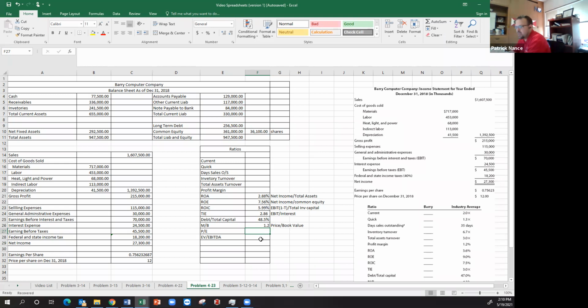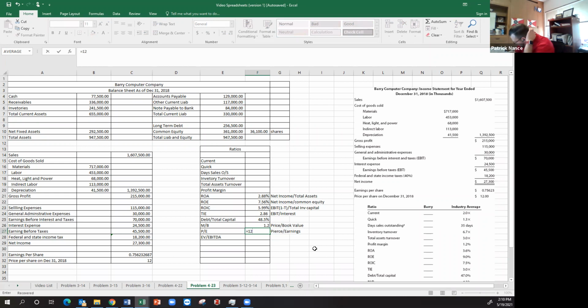PE, one of the most important ratios, the price to earnings ratio, exactly like it sounds, price divided by earnings. So for every dollar value of the stock, how much is the company earning based on that? So again, the value of the stock was given at 12.